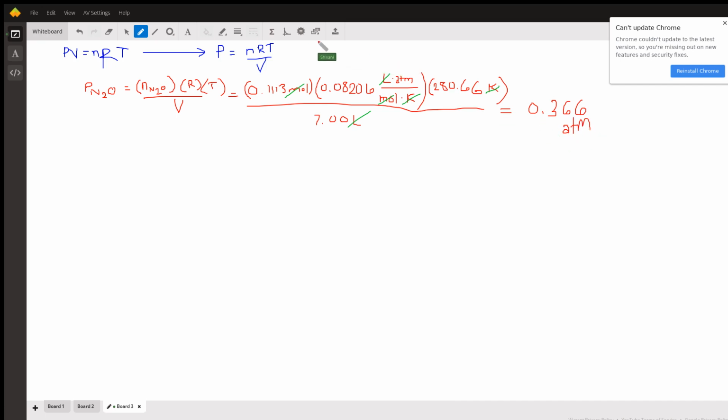And we can calculate the partial pressure of the chlorine pentafluoride in a similar way.